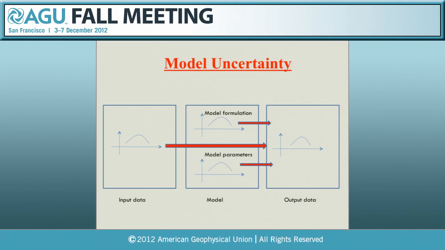And another one is model parameters, what kind of values you use. If you do model simulation, you can see that it's very uncertain. All those can contribute to your model simulation, whether it's projection or estimation.